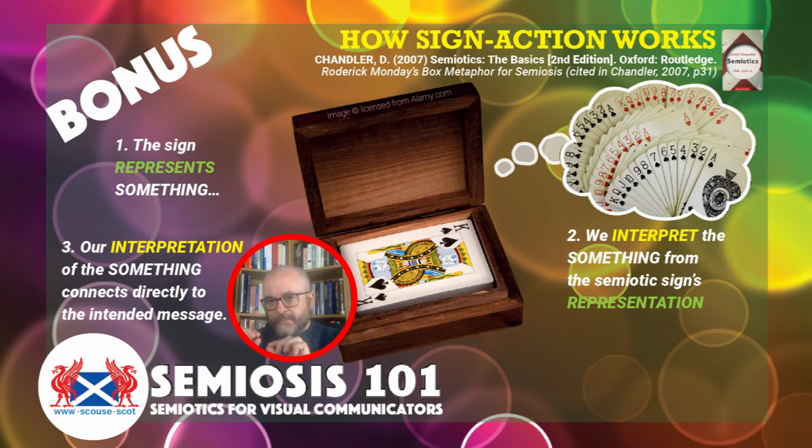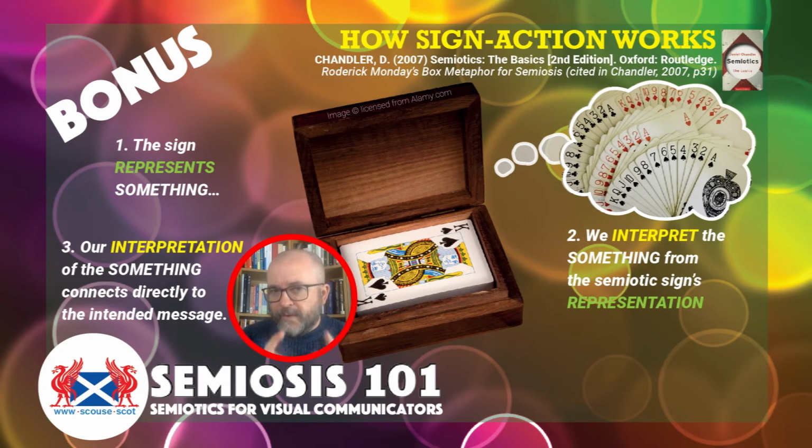Now that concept that we interpret from what we see, if semiotics is being used effectively and you understand who your audience are and what they will know and what they won't know, then it should connect back to the message that we need to communicate.